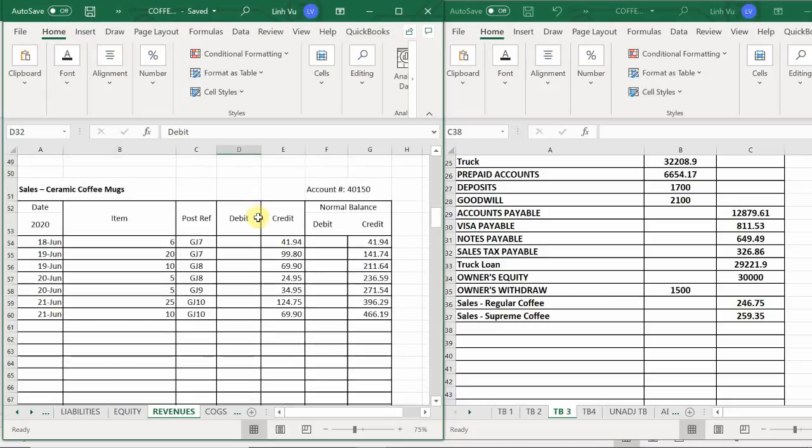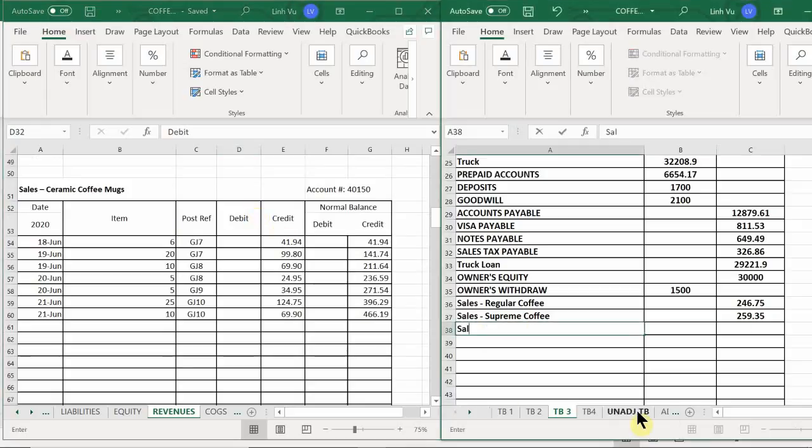Okay. Here we have the sales for the ceramic coffee mugs. This is where you are allowed to do abbreviations. If you want to put mugs in there, or sales mugs, you could do so, just as long as you know what each account is and what their balances are.